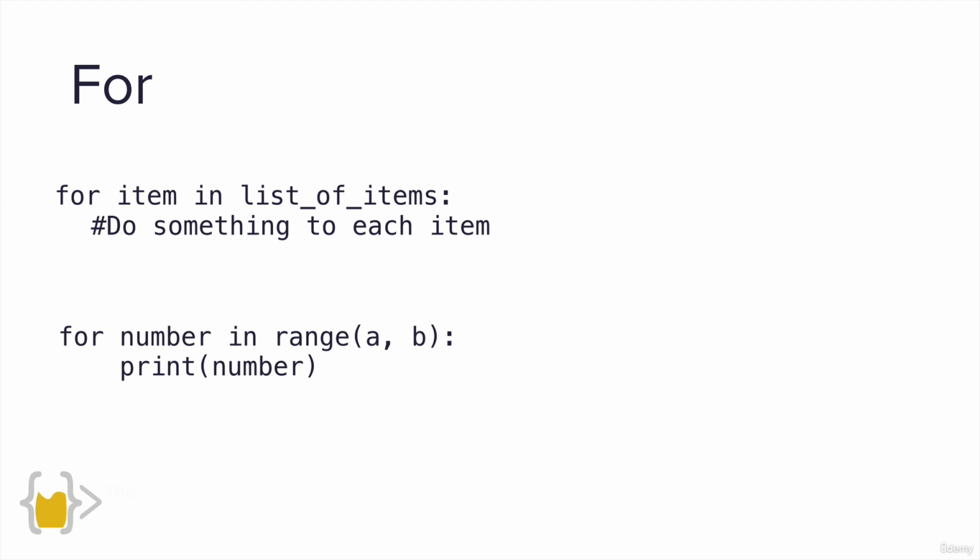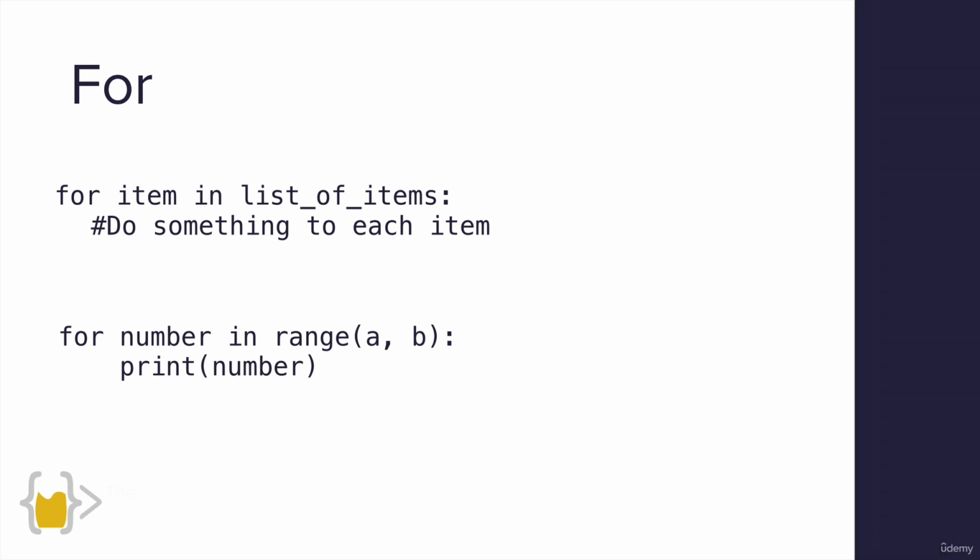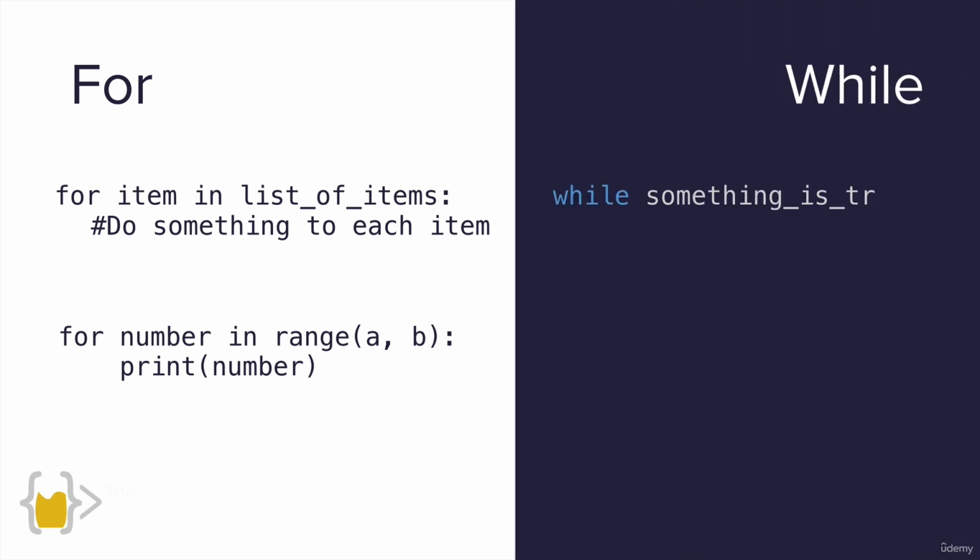For example, in this case, would be to print it out. The while loop looks something like this. And in this case, while this particular condition is true, then we go inside the loop and we do something repeatedly. And it's only when this condition becomes false does the loop stop.